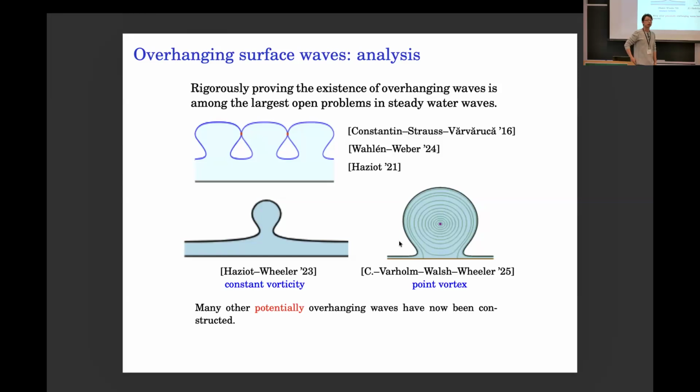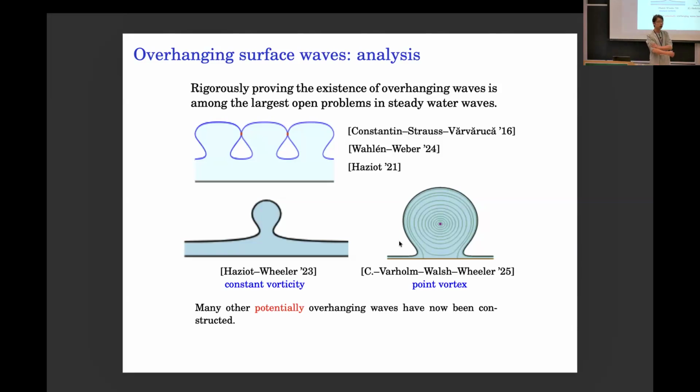Is there a link with the works of Lobo on interface stability? That's a good question. Here, this is a surface wave. So you're talking about Rayleigh-Taylor type.